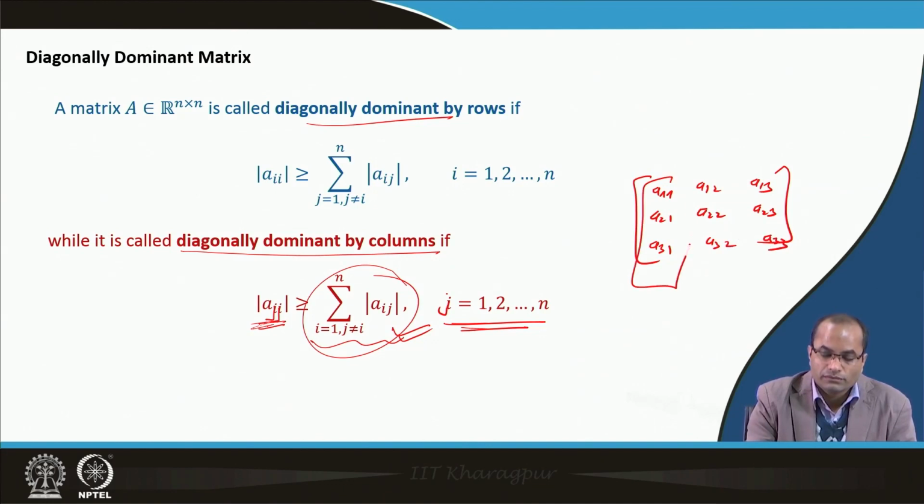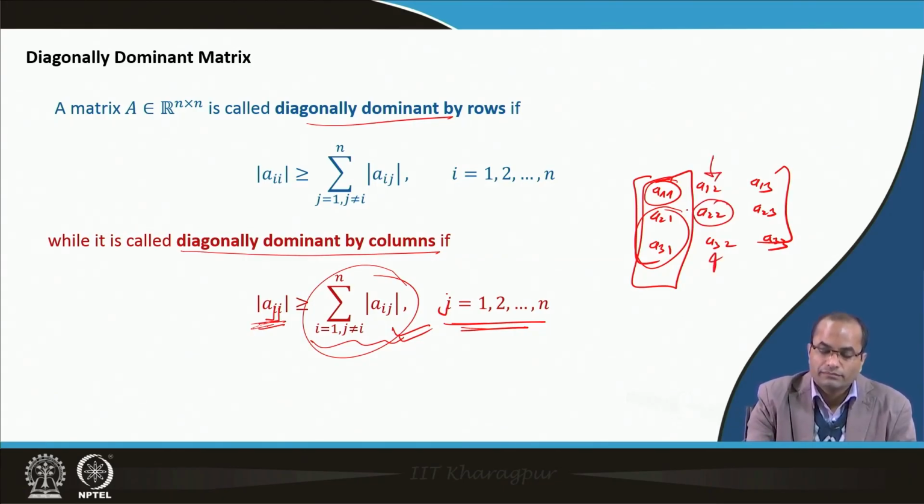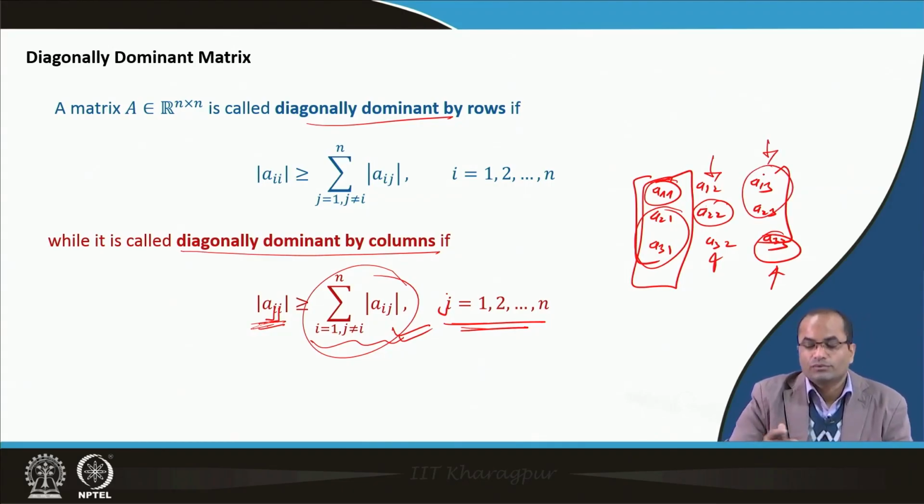We pick the first column and check whether the first entry is greater than the sum of the absolute values of the last two. Then in column 2, we check again whether the sum of these two is less than this diagonal value, and similarly in column 3, whether this element is greater than the sum of the absolute values of the first two. So we go column-wise.